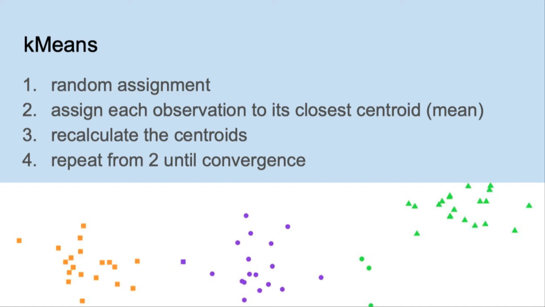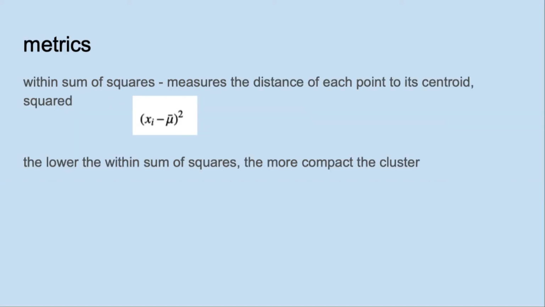Convergence meaning that observations are no longer being assigned to different clusters. The metric that we saw was within sum of squares. So it measures the distance here of each point to its centroid. The centroid is essentially the mean. Those are squared and all of them summed together. The lower the within sum of squares, the more compact the cluster.